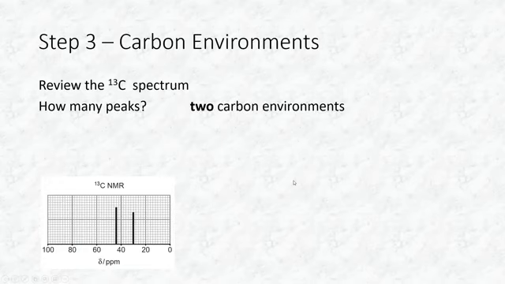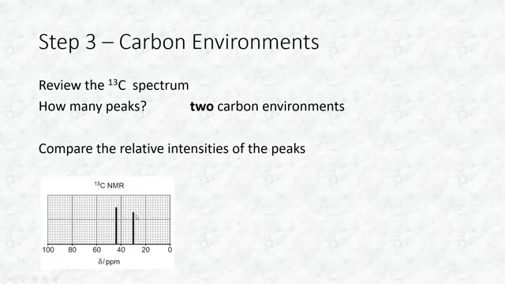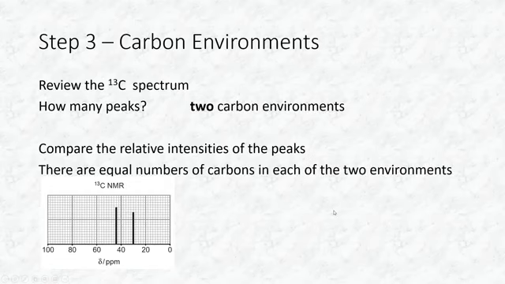Now we need to compare the relative intensities of the peaks, and within our experimental error, these are equal. That means there are an equal number of carbons in the two environments. So they could have 1 carbon in each, or 2 carbons in each, or 3 carbons in each type of environment.